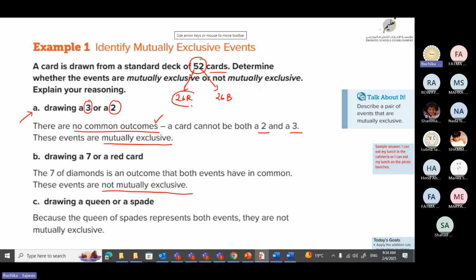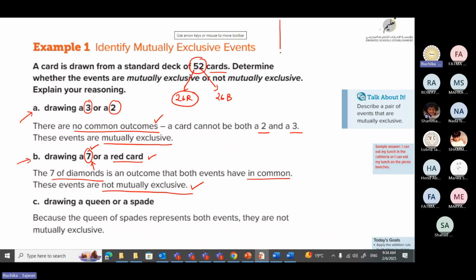Now, out of these 26 red cards, there will be a card which has number 7 also. So there is a card which has number 7 and is red in color, which is 7 of diamonds. So this is an outcome that is common in both. And as long as you have something common, it will not be mutually exclusive.